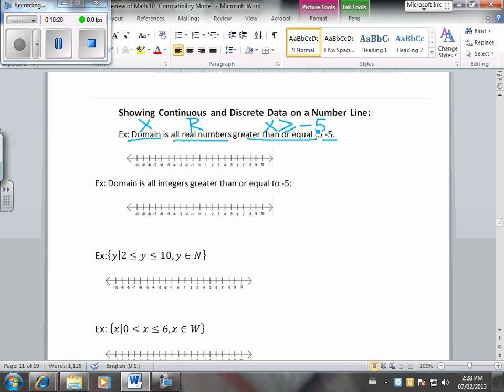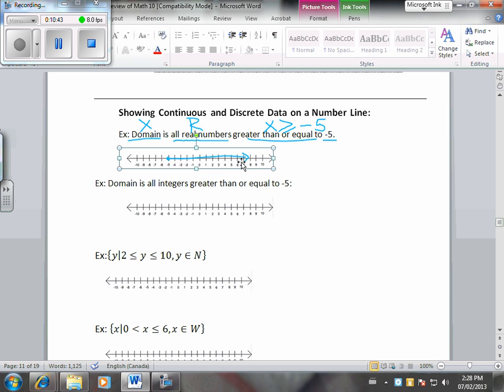Greater than or equal to means that this is inclusive, so we will put what kind of dot? Hopefully everyone said a solid dot on -5. And it's all real numbers greater than or equal to, so we will draw our line to the right and put an arrow on it.